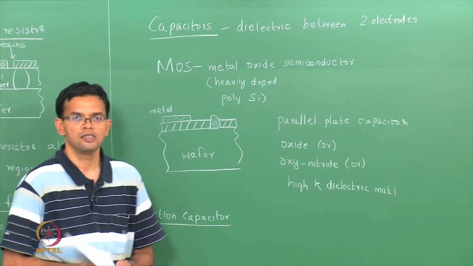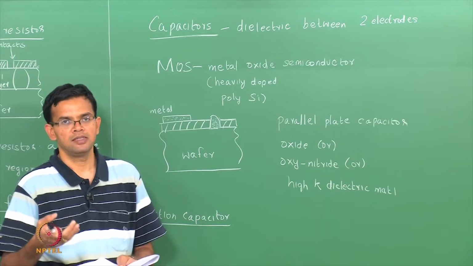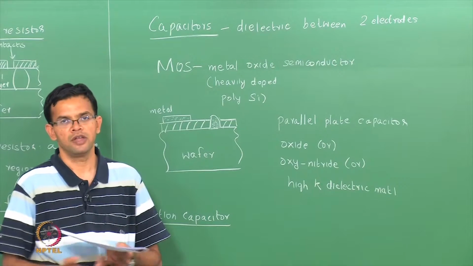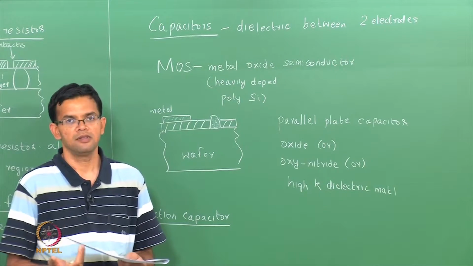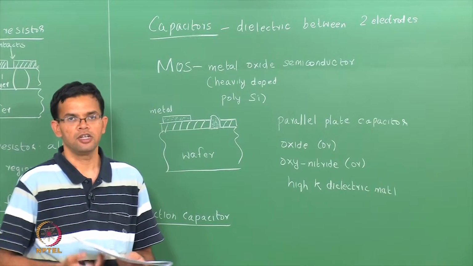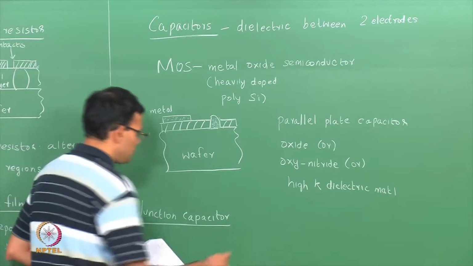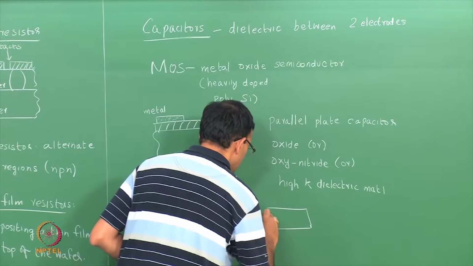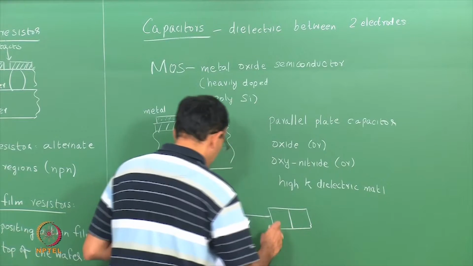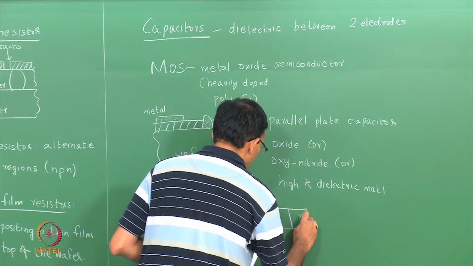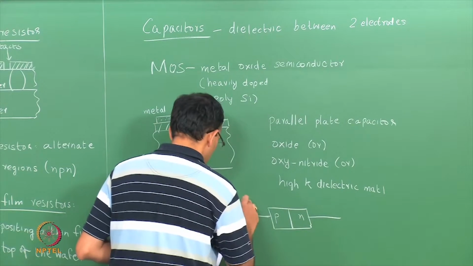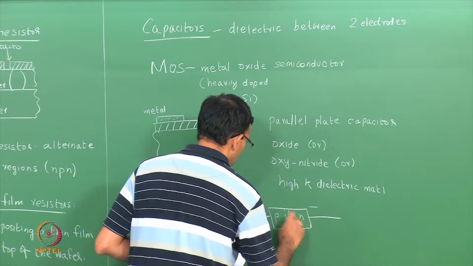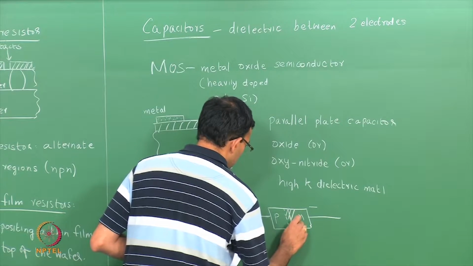So, this occurs because electrons from the n side diffuse to the p side, holes from the p side diffuse to the n side, these then meet and get annihilated, so that you have a depletion region. So, this is a simple p-n structure, it is just a schematic. So, you have p, you have n, and you have a depletion region at the interface.